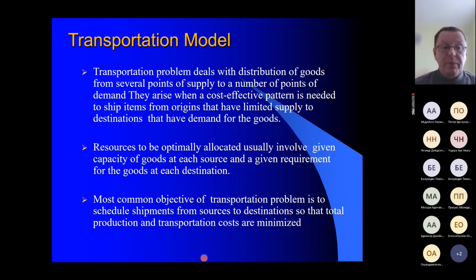So, as an example, I will consider the transportation model, which is simplest and very well described and developed. Its idea is the problem of distribution of goods from several points of supply to a number of points of demand. It arises when a cost-effective pattern is needed to ship items from origin to destinations with limited supply.